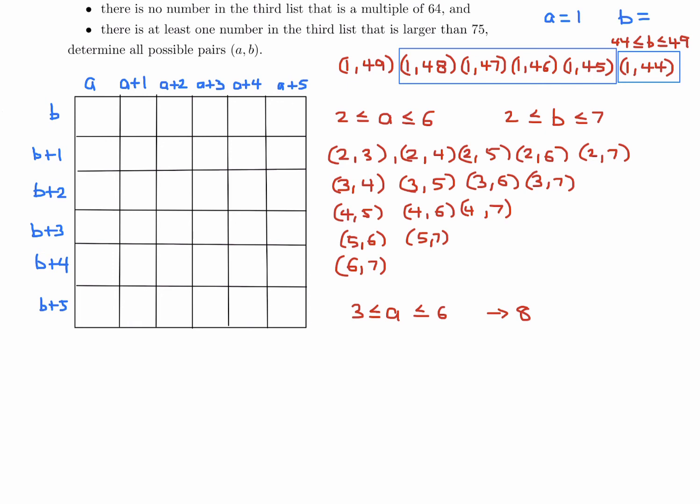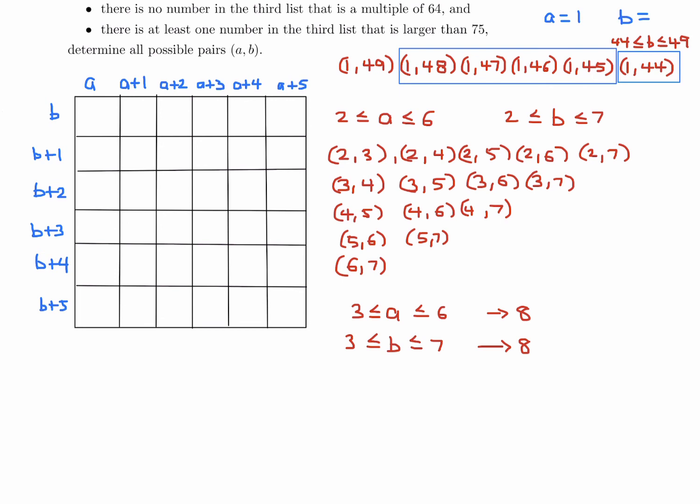Now let's look at the b's. The b range is between 2 and 7. When b is 2, we have 3, 4, 5, 6, 7. There's no 8. But when b is 3, we'll have 3, 4, 5, 6, 7, 8, and an 8 appears. So again, it looks like when b is between 3 and 7, there's going to be an 8.